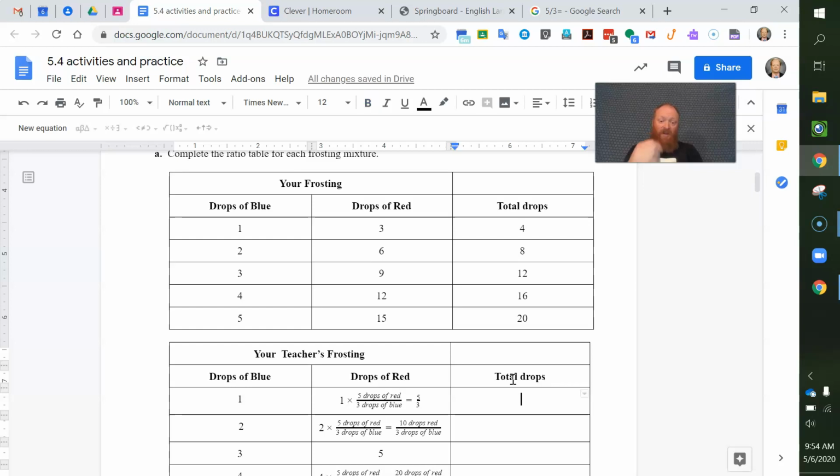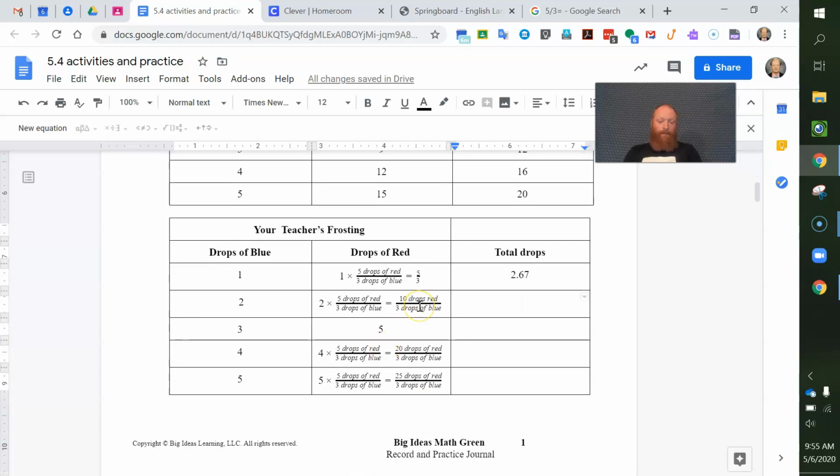Okay. So this will be 2.67 because this 5/3 is equal to 1.67 plus 1 is 2.67. Okay.